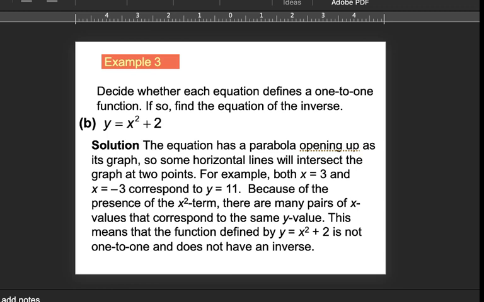If we do the horizontal line test, we're going to end up failing because it's going to hit these 2 points. So this is not 1 to 1, excuse me.